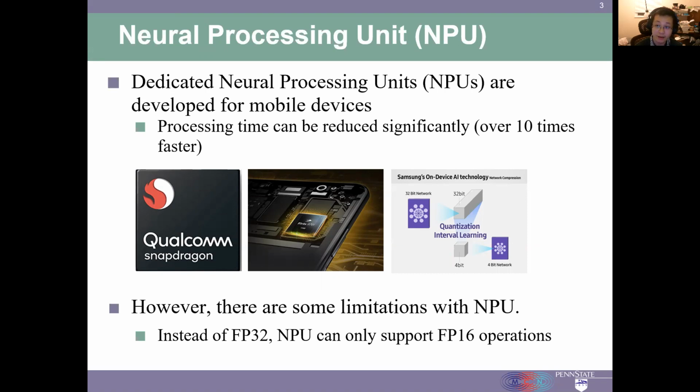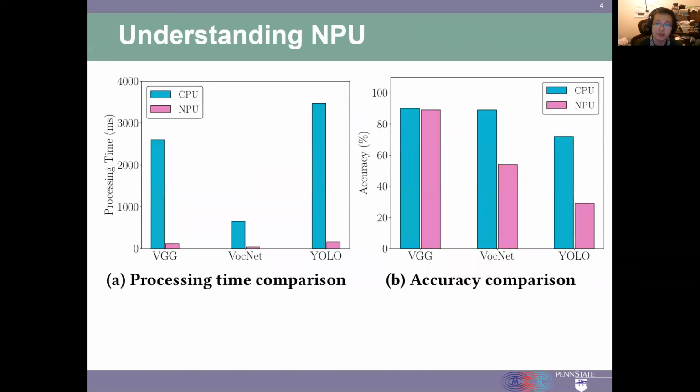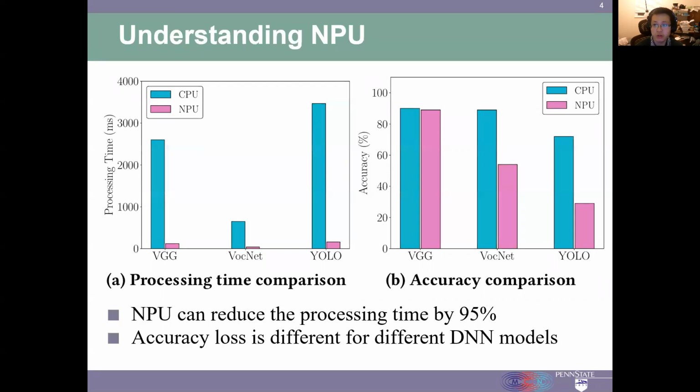To have a better understanding of NPU's characteristics, we conducted some experiments. We use 3 different DNN models and run them on the Huawei Mate 10 Pro on its CPU and NPU, and compare their processing time and accuracy. As shown in the left figure, the NPU can reduce the processing time by 95%.